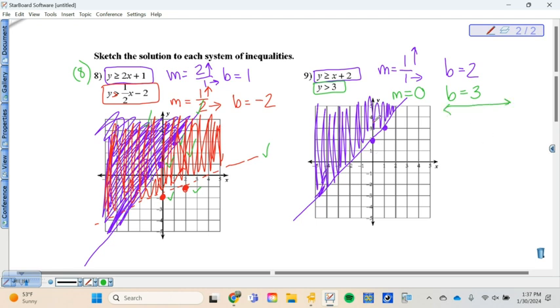So I start at 3, and then I draw a dotted line or solid line? Dotted. Dotted horizontal line. And do I shade above or shade below? Above. Okay. You will have an equation or an inequality that looks like this. That's a horizontal line. Don't forget that. Okay?